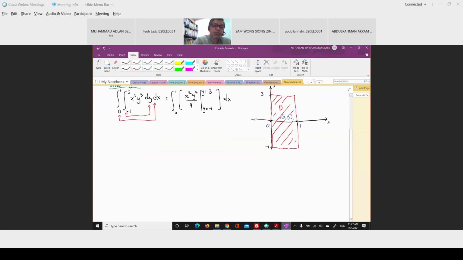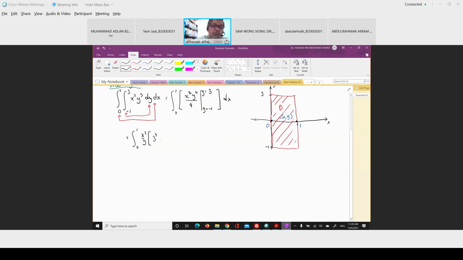Okay, so we simplify the expression in the bracket. I can pull out x squared over 4. First, we replace y by 3.